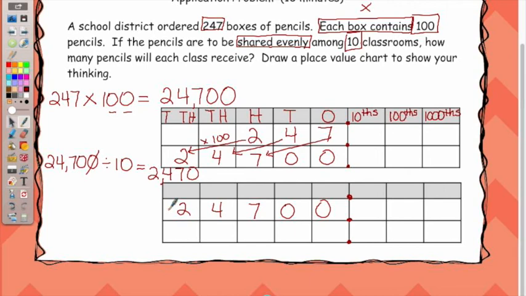And we're dividing by what? 10. Which way do I move, Cameron? Right. How many? 1. Well, it's getting easier. As soon as it gets easier, I'm going to teach you a trick so you don't have to use a place value chart anymore.